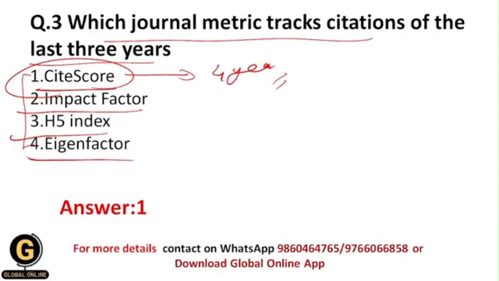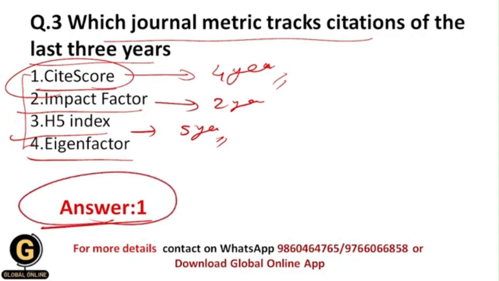That's why your correct answer here is 1, because the impact factor tracks the citations of the last 2 years, the H5 index tracks citations of the last 5 years, and eigenfactor is the overall importance of a specific journal. That's why your correct answer for this question should be 1.